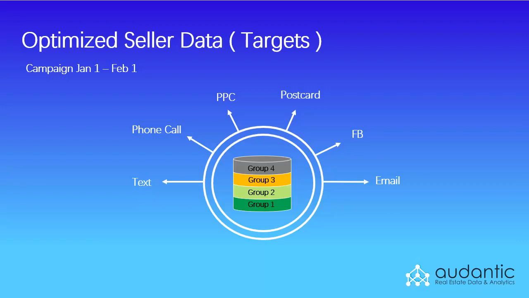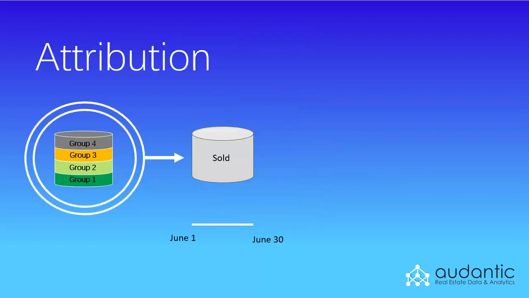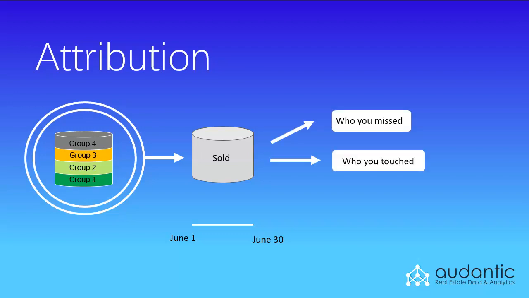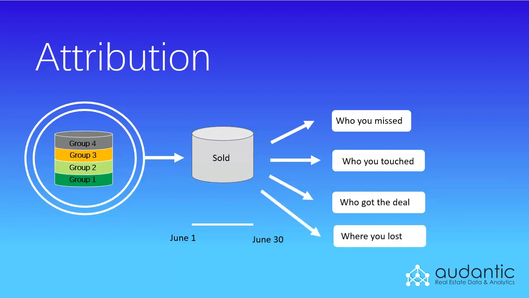We might do Facebook, whatever. But we're going to look at everything that was in our initial marketing, our optimized set, and then we're going to cross it against everything that's sold. Doesn't that seem rational? Sure. And from that, we're going to see who we missed, who we touched, who actually got that deal, and what we lost out on. I think I might have changed the dates. I should update these slides. I think I changed that from January to June, but it's the same.